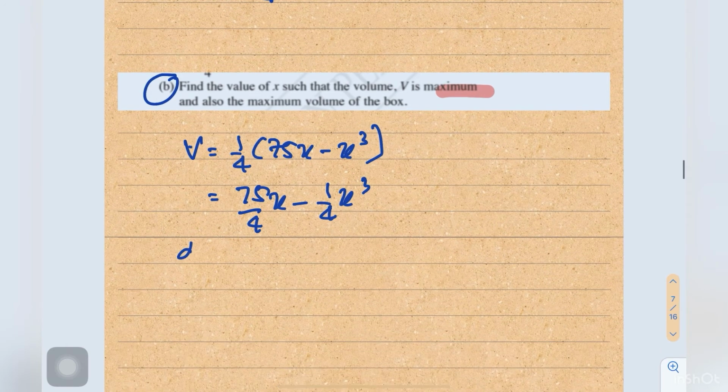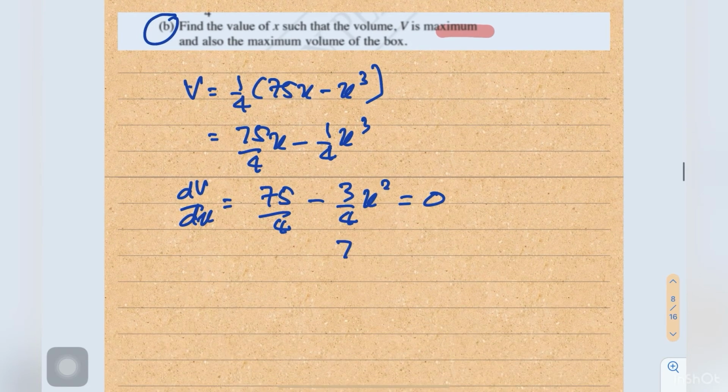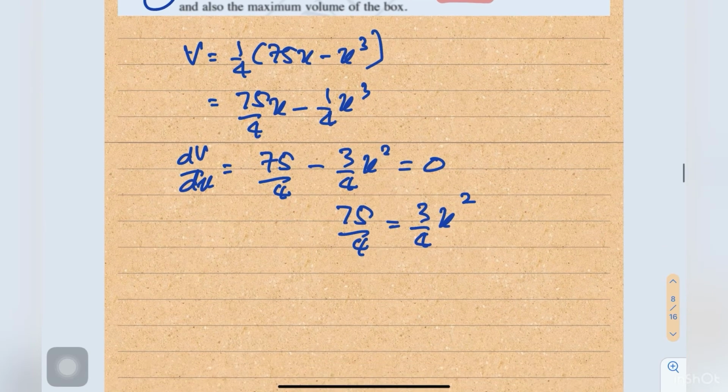So we differentiate, we get dV/dx = 75/4 minus 3/4 x squared, equals 0. So 75/4 equals 3/4 x squared. Then x squared equals 25, x equals plus or minus 5, but x is a side, so x equals 5.